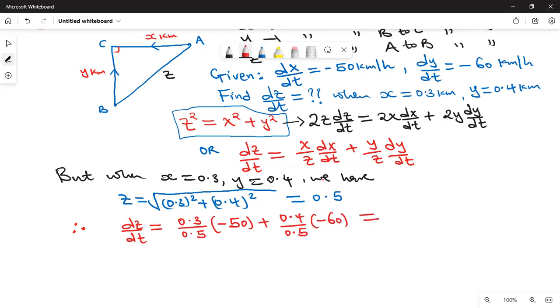So we need to press this in our calculator. When you work it out, you get dz/dt is equal to negative 78. So the result is negative 78.